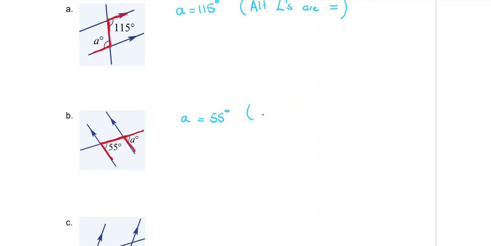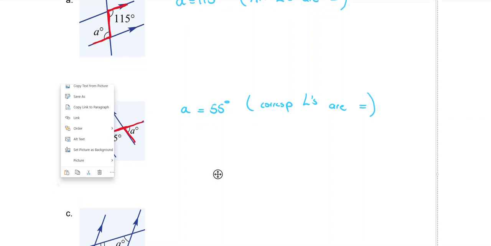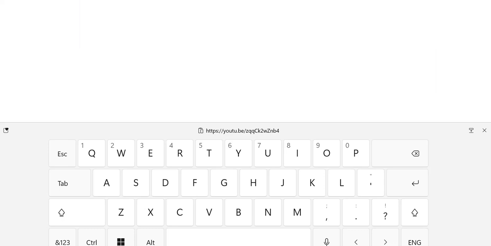And in brackets we write corresponding angles are equal. We can't shorten corresponding any further than that, because then it starts to look too close to what co-interior is. Both of those reasons look very similar at the beginning of the word. They both start with co.